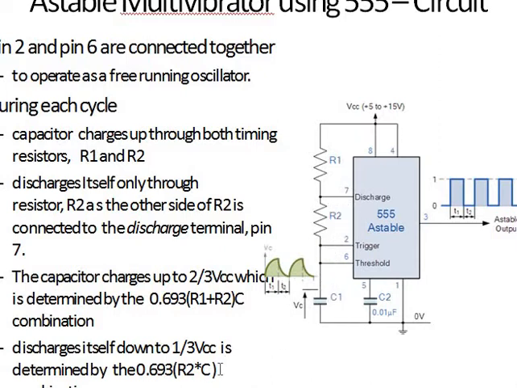That's why the equation for T2 is 0.693 R2 into C. So here you can see that T1 is the charging time and T2 is the discharging time.